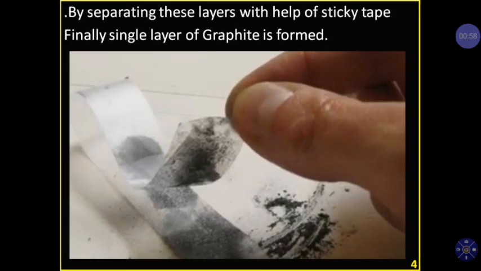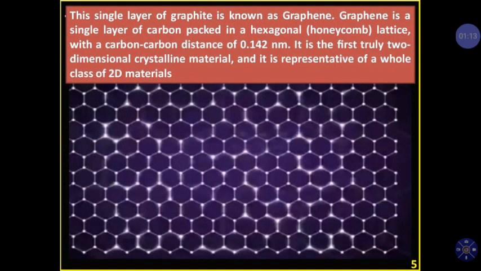By separating these layers with help of sticky tape, finally a single layer of graphite is formed. This single layer of graphite is known as graphene. It means graphene is a single layer of graphite.